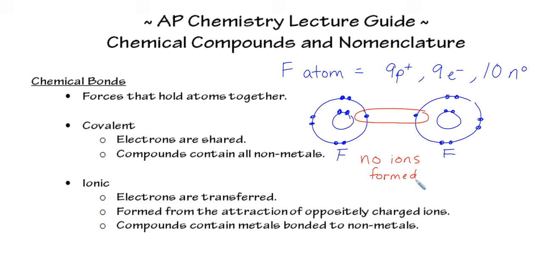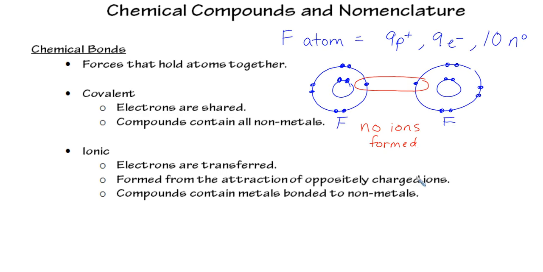We're not going to have that in this neutral fluorine molecule, F2. We're sharing. We're not gaining or losing. That shared pair spends an equal amount of time by both fluorine atoms. So we acquire no charges on the fluorines, which is a little bit different from the ionics.